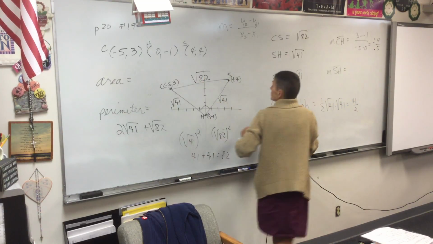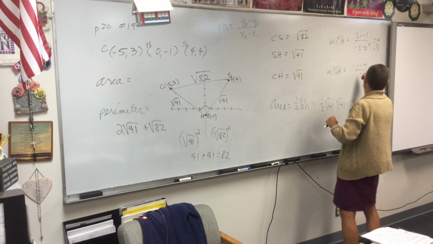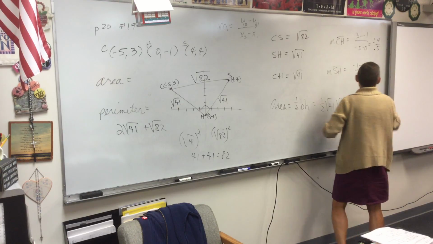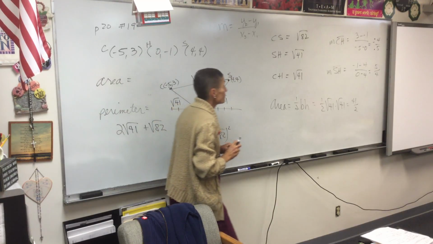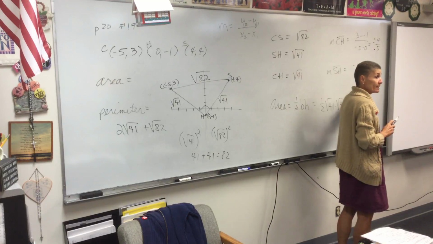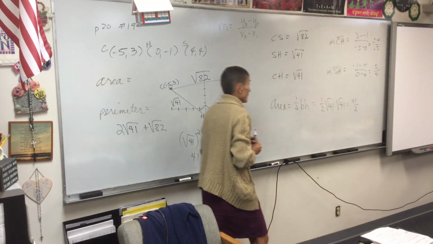So SH will be -1 minus 4 over 0 minus 4. I got +5/4. Check my arithmetic. Would that be a -5 over a negative 4? Yeah, so they cancel, yes.